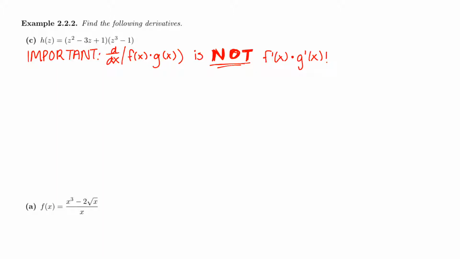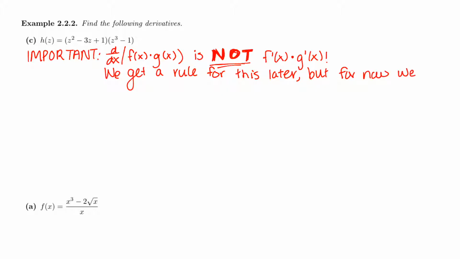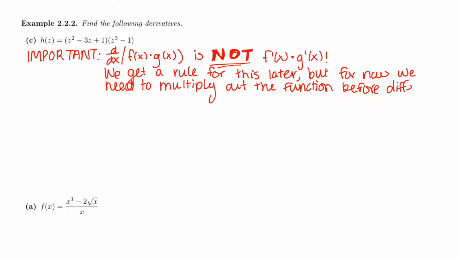We will get a rule for this later, but for now, if you have something like this, where there's two functions multiplied together, you're going to have to multiply it all the way out before taking the derivative. Right, so for now, we're going to multiply out before we differentiate.